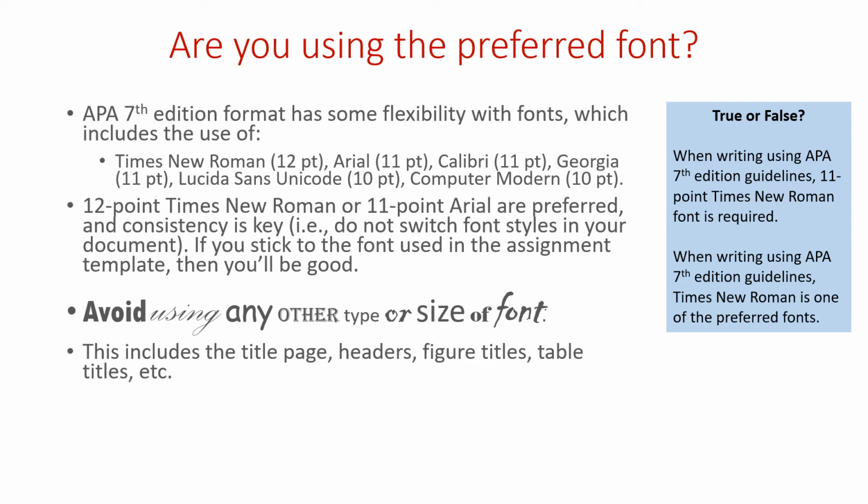And the second thing is that with APA 7th, Times New Roman is no longer a requirement, it's just a preference. Second question, when writing using APA 7th edition guidelines, Times New Roman is one of the preferred fonts. That is true, it is.